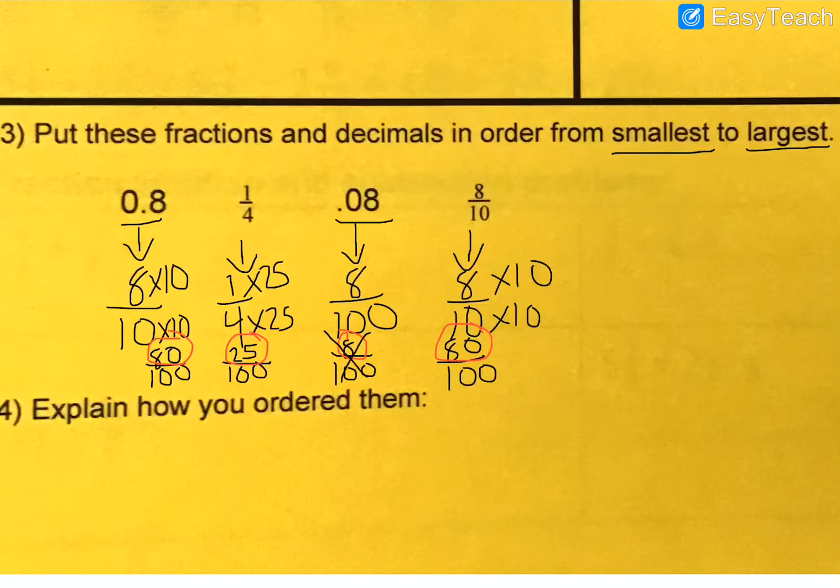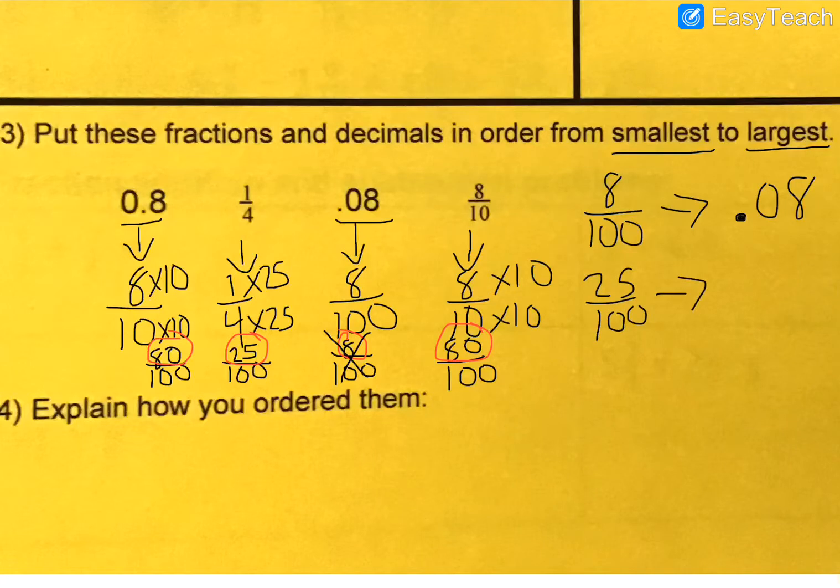So the first one that we're going to put in our list is 8/100ths. But we also want to show it in the form that they gave us as well. So 8/100ths is first. The next fraction would be 25/100ths, and the form that they gave us that one in was 1/4. So we're done with that one. And then we have 80/100ths twice.